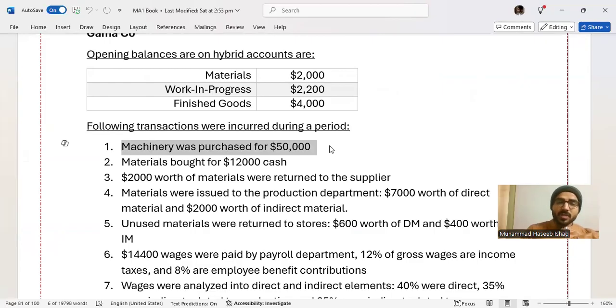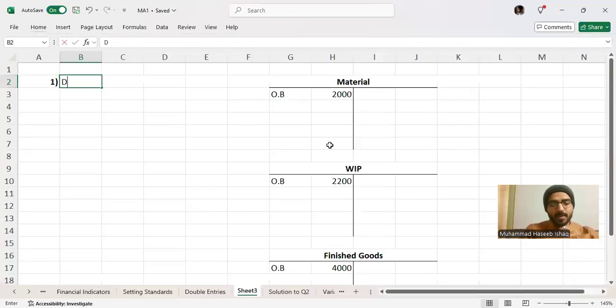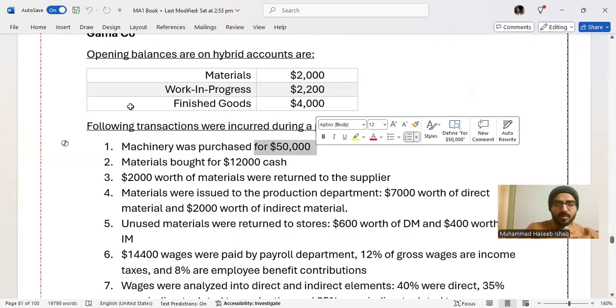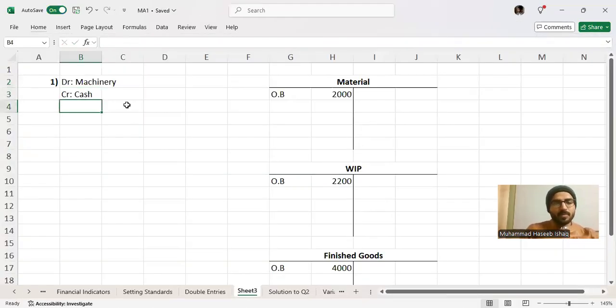So this depreciation is cost, but machinery purchase is an asset, right? So we will debit the asset account, or machinery account, you can say, and then credit our other asset that has decreased, which was the cash, by the equal amount of 50,000.